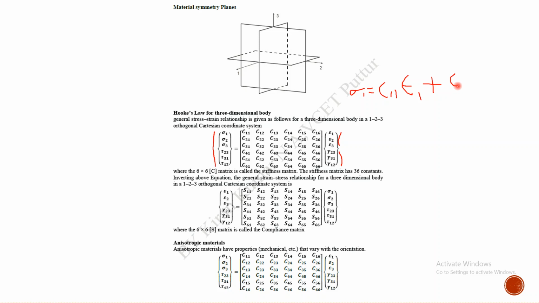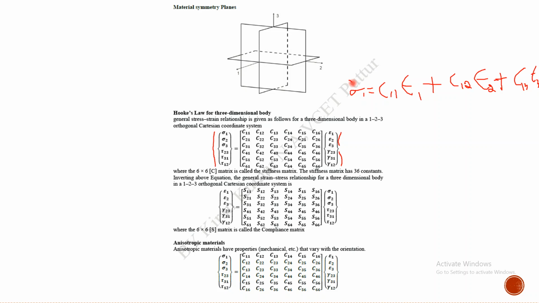Sigma 1 is also related to epsilon 2, that is the strain in the second direction. Likewise, sigma 1 is also related to the strain in the third direction, and in the same way to the shear strains, gamma 23, gamma 31, and gamma 12. Likewise, if you develop the stress-strain relationship, it is a big set of six linear equations.